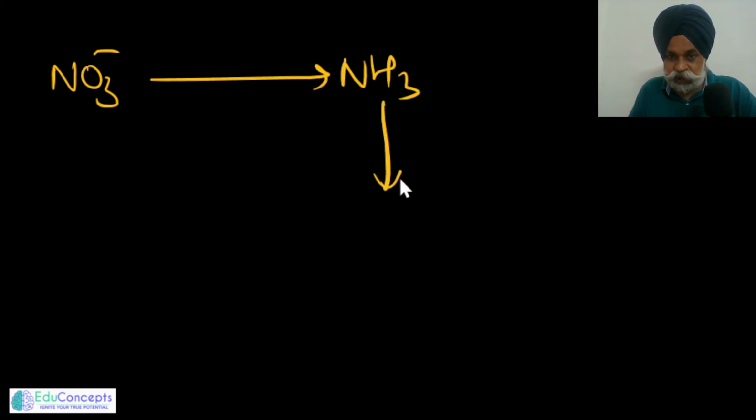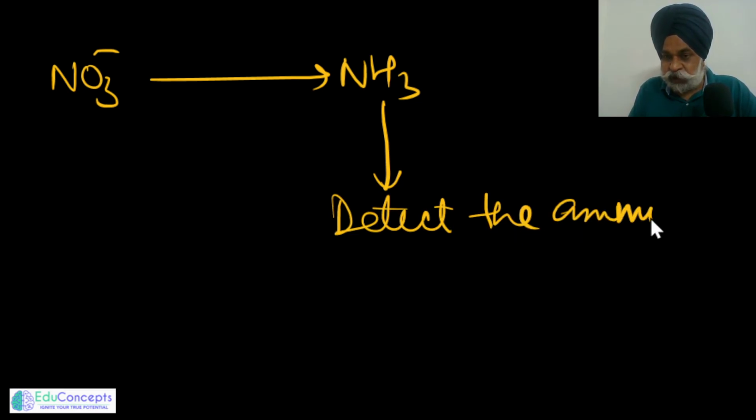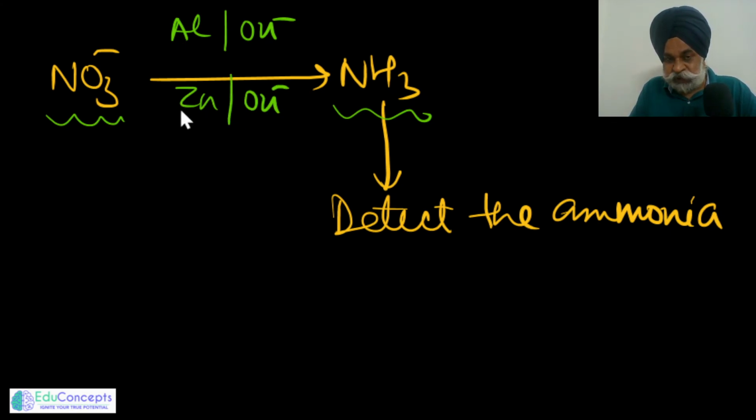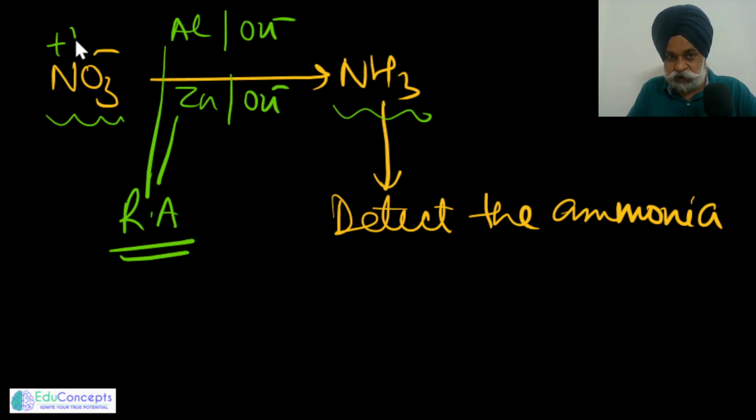The other thing you can do for nitrate is reduce it to ammonia and then detect the ammonia. So the other way of specifically testing nitrate is to reduce NO3- to ammonia. This can be achieved only with two reducing agents, aluminium in alkaline condition or zinc in alkaline condition. Always remember, these two are the good reducing agents which convert nitrogen of +5 to nitrogen of -3, to ammonia.